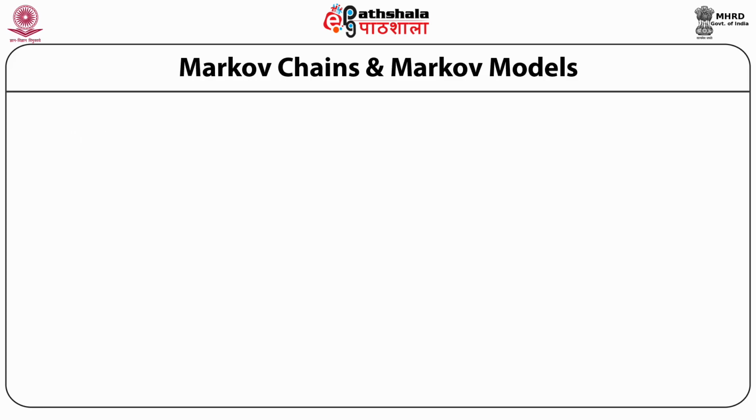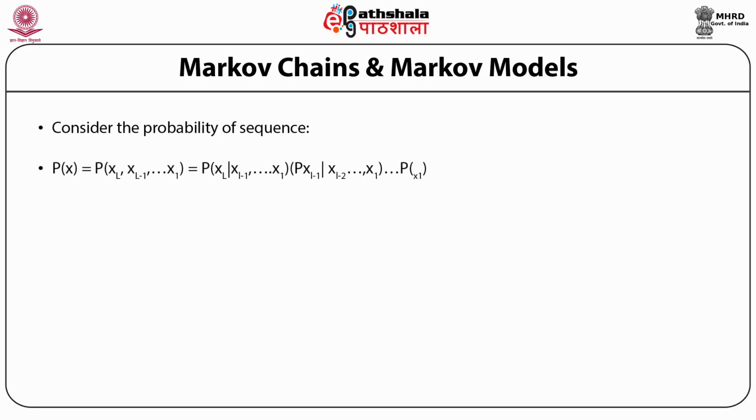So now let's look at it a little bit more mathematically. Let's consider the probability that a particular sequence is obtained. We'll call it P of x, which of course depends upon P of x at L minus 1 until the first one. That is, the probability that I am in a particular state emitting something would depend upon the probability that I have visited all the previous states thus far in a certain order.